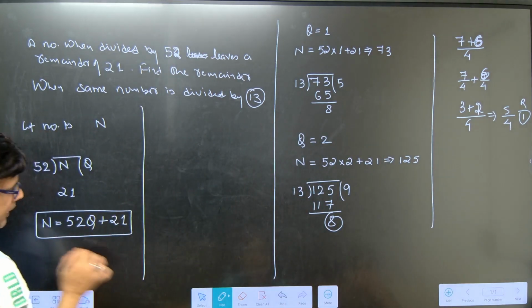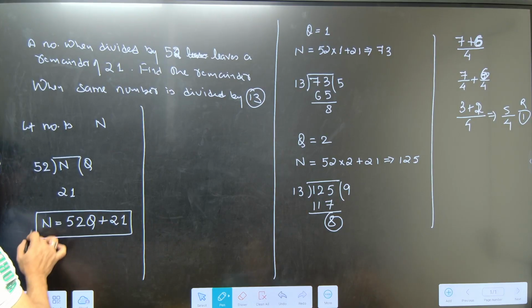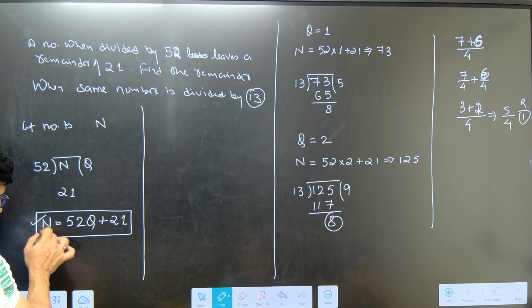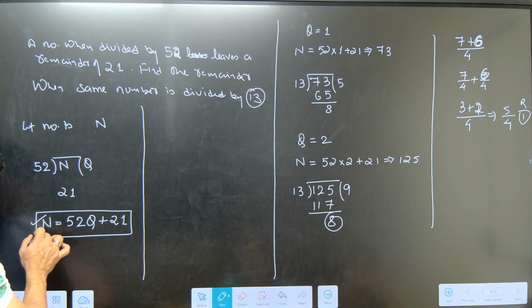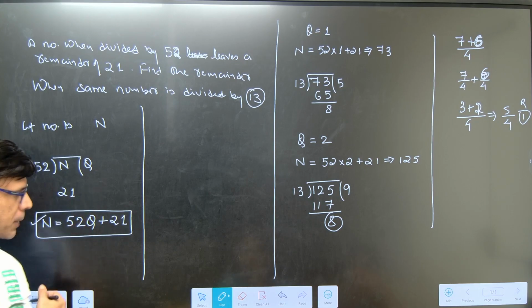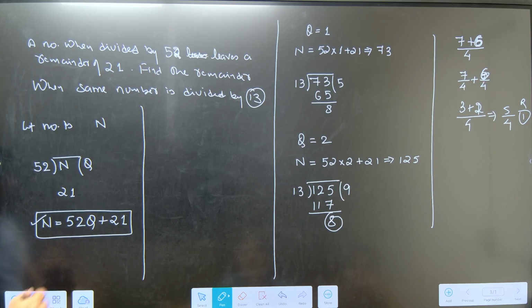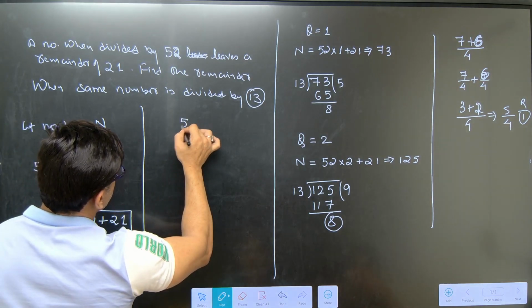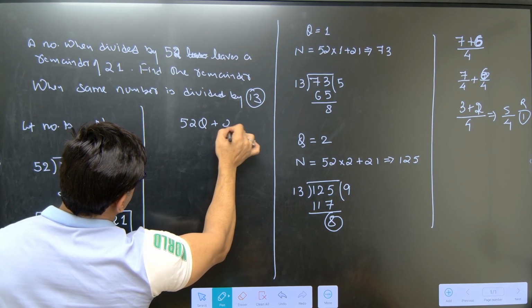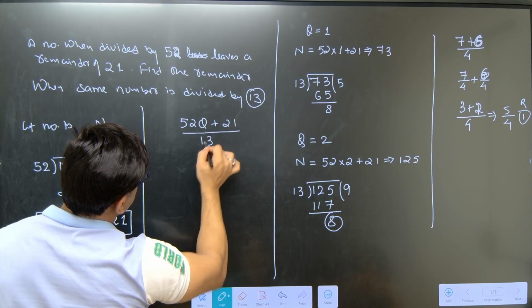Just focus on this. You got your number. Now they are saying you have to divide the same number by 13, right? So I will write 52q plus 21 divided by 13.